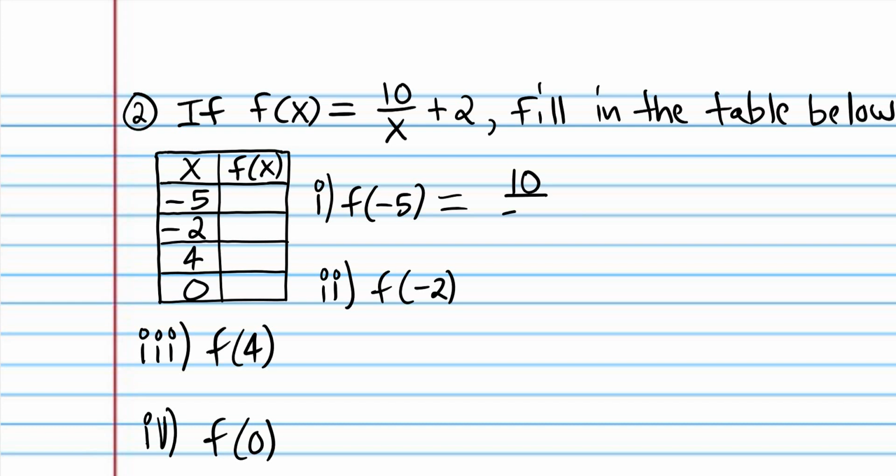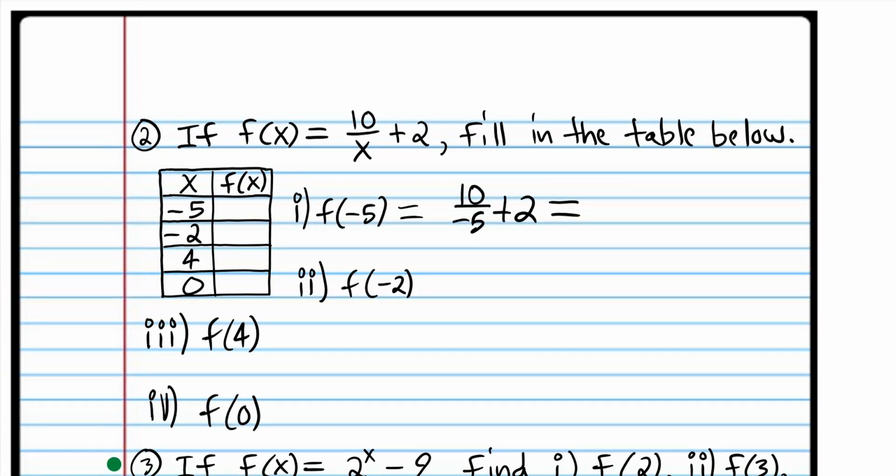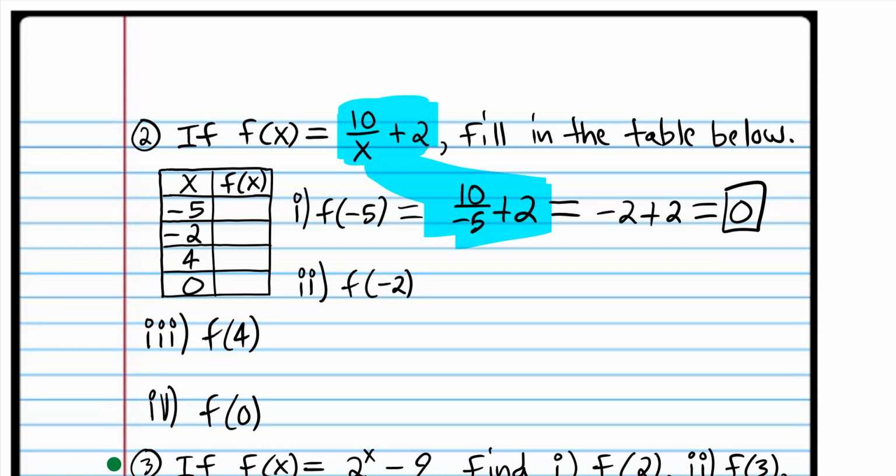So 10 over negative 5 plus 2 is the set of operations, and we get negative 2 plus 2 is 0. So the output was 0. So we wrote this exact expression down here, no difference whatsoever, except instead of x we wrote negative 5, because that's our input.